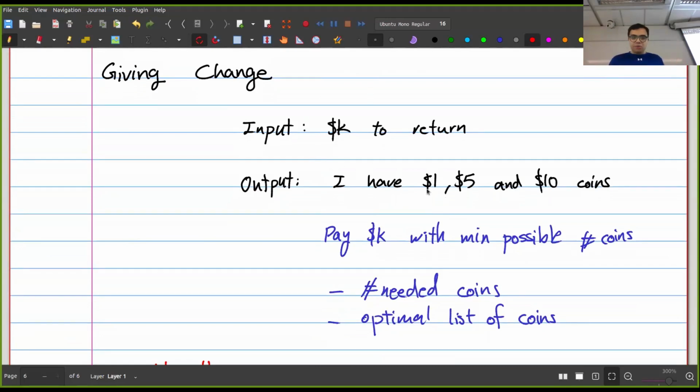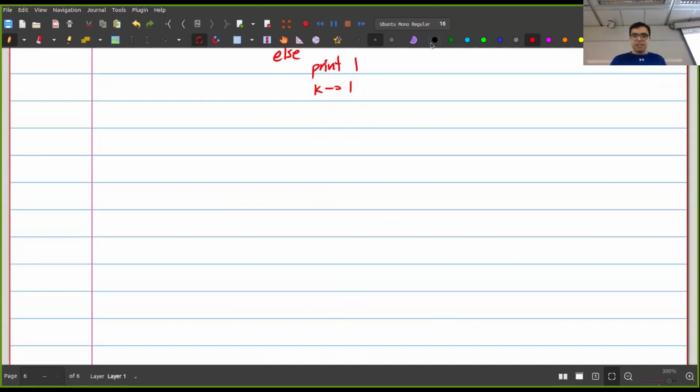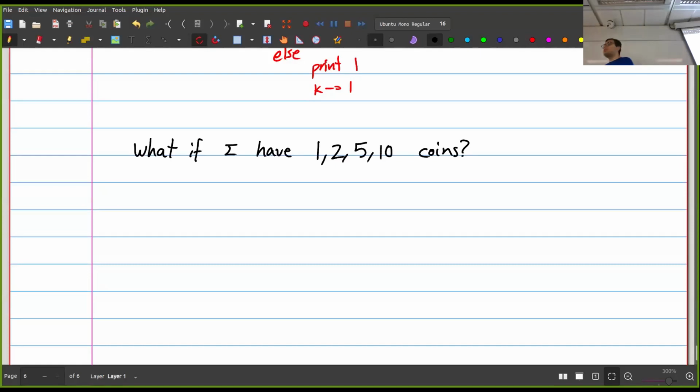Let's say I add a $2 coin. Okay, so this is my question. What if I have these coins? I have 1, 2, 5, and $10 coins. Would a similar algorithm still work?